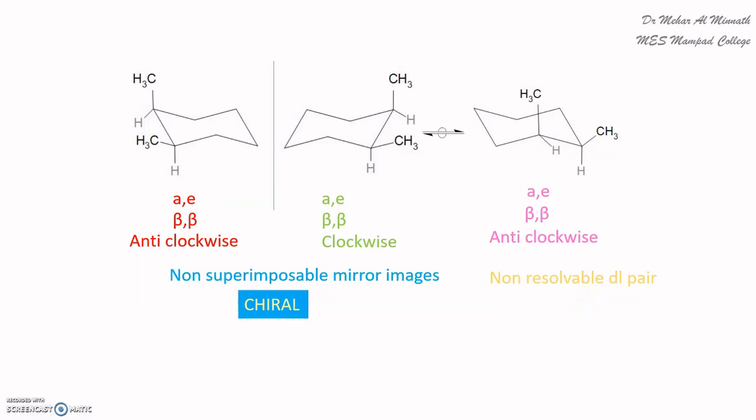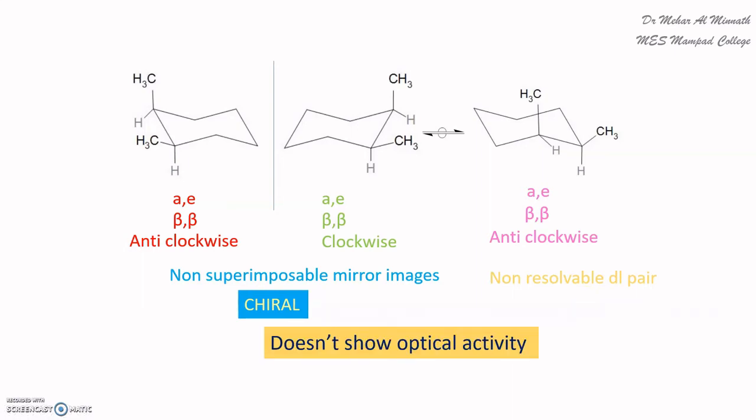Okay, and hence they will not show any optical activity, because they will be non-resolvable, the mirror image and this will be flipping. So you cannot identify them and they will not show any optical activity.